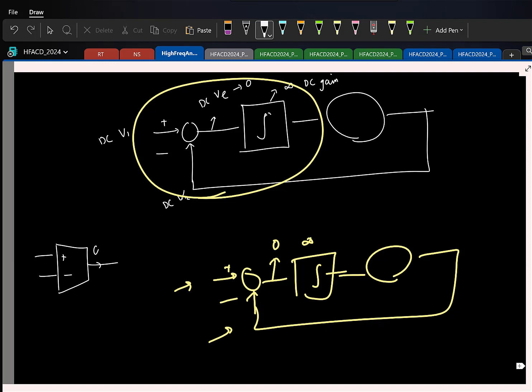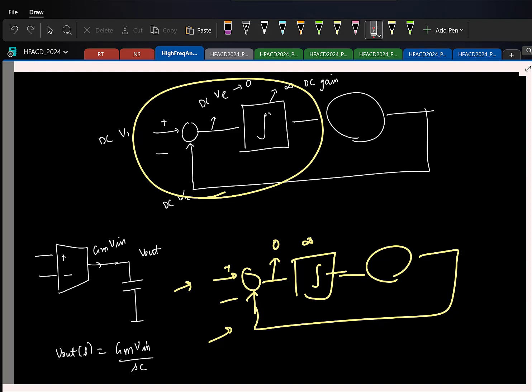So this is going to push out a current GmV in, and you will have a capacitor. So the output voltage is what? If I write V out of S, what is that? Yeah, GmV in by SC, right? It's an integrator, right? Whatever op amp you are making, you can't get infinite gain across all frequencies, so try to make it at least at DC, right?